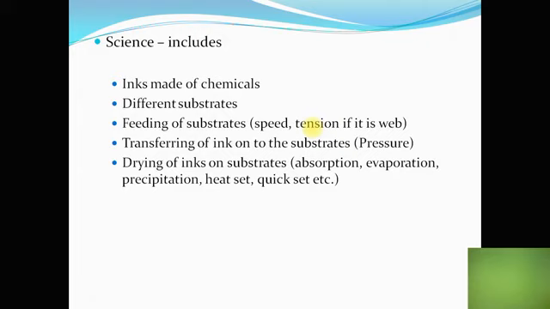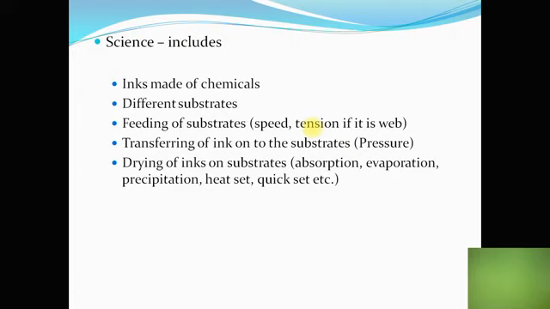For example, if I am using newsprint paper, like newspaper, for that I can use an ink which will be dried by the absorption process, because the paper is porous and the ink transferred onto the paper is a liquid ink, and the excess amount of solvent will be absorbed by the paper, so that the ink will dry on the substrate very quickly.